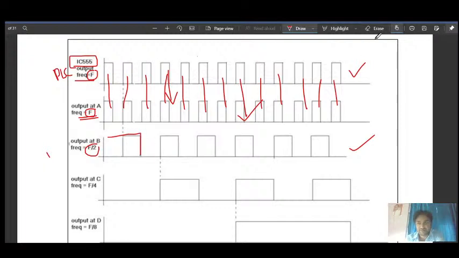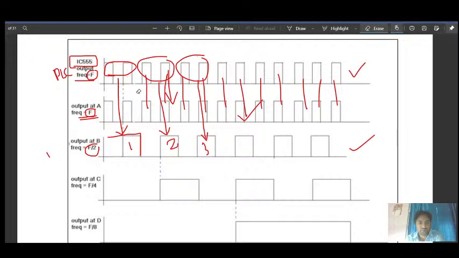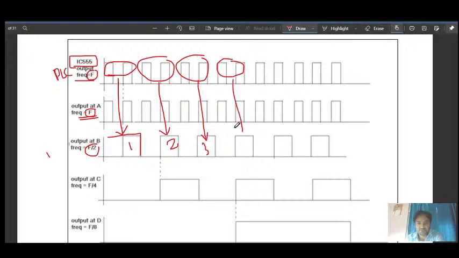As you can see, for 2 pulses of this, 1 pulse is generated here, and for the next 2 pulses, 1 pulse, the second pulse, then we get pulse 3, and for again these 2 pulses we get pulse 4, then pulse 5, and pulse 6.